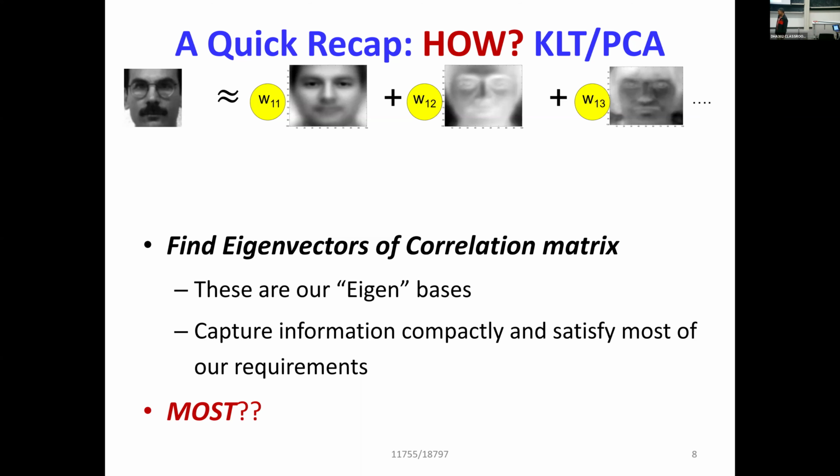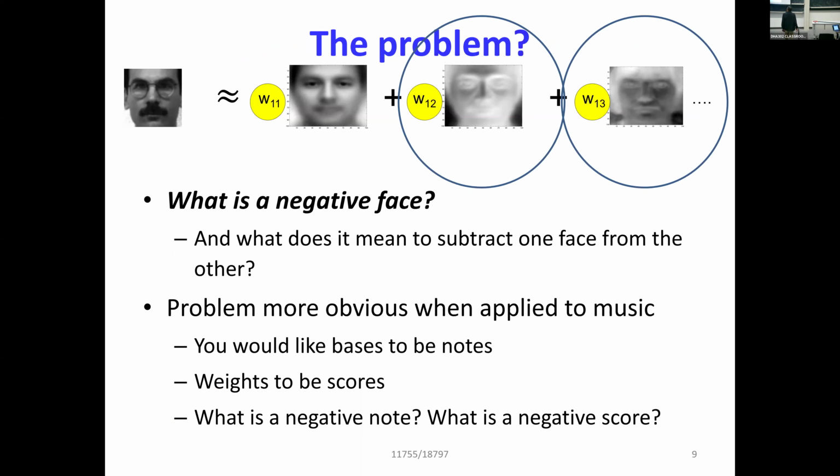What do I mean by losing semantics? Let's go back and look at this example. Look at images 2 and 3, right? One of the characterizations of eigenbases is that they are orthogonal to one another. And here is a rule: if I have a set of orthogonal vectors in any number of dimensions, then no more than one of these vectors can be unipolar.